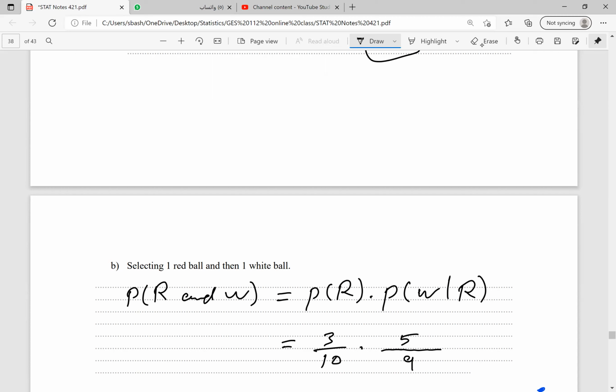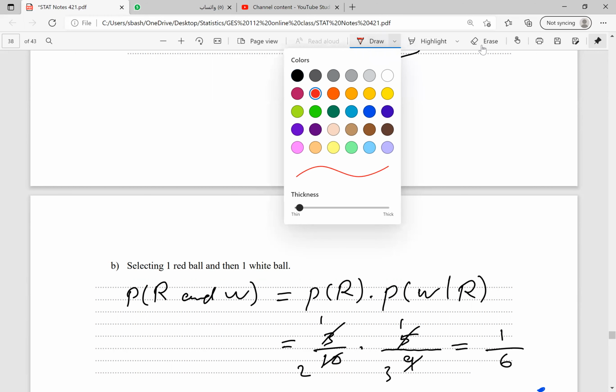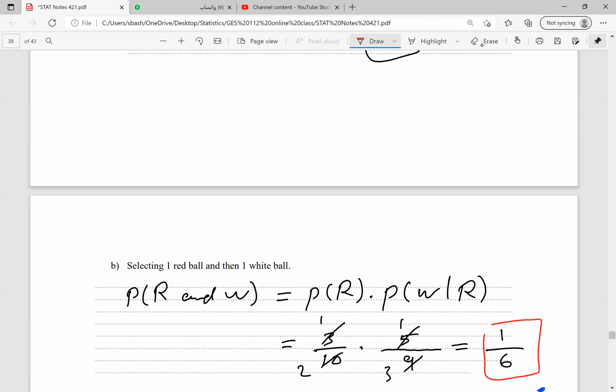That will be 15 over 90, or I can simplify it. So it will be 1 out of 6. So the probability will be 1 over 6.